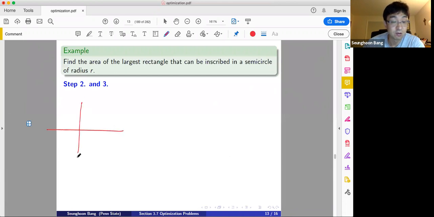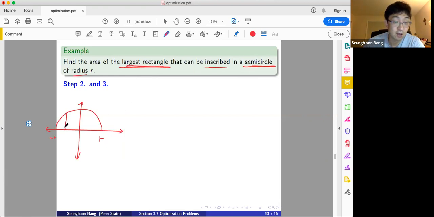You can draw your line. This one is a semicircle, radius r, from negative r to r. So you can draw the largest rectangle that can be inscribed in the semicircle.